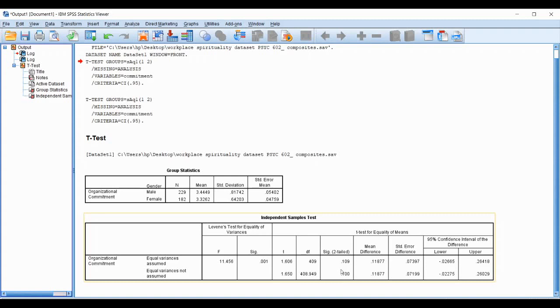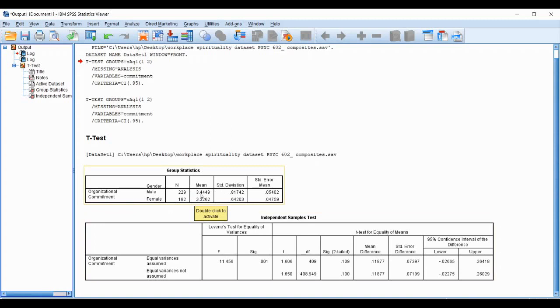From this, the Sig here is 0.100. When you compare 0.100 with 0.05, 0.100 is greater than 0.05. So it means there is no statistically significant difference among males and females in terms of organizational commitment.